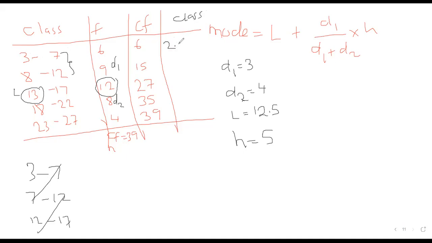2.5 to what? 7.5. And here 7.5 to what? 12.5. And here we have 12.5 to what? 17.5. Then here 17.5 to what?